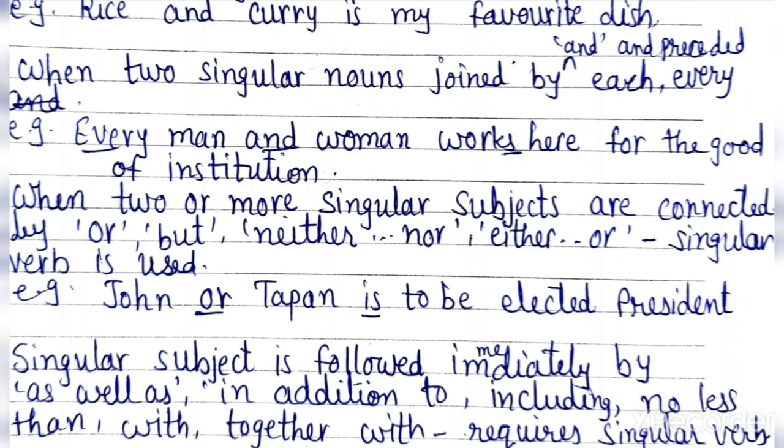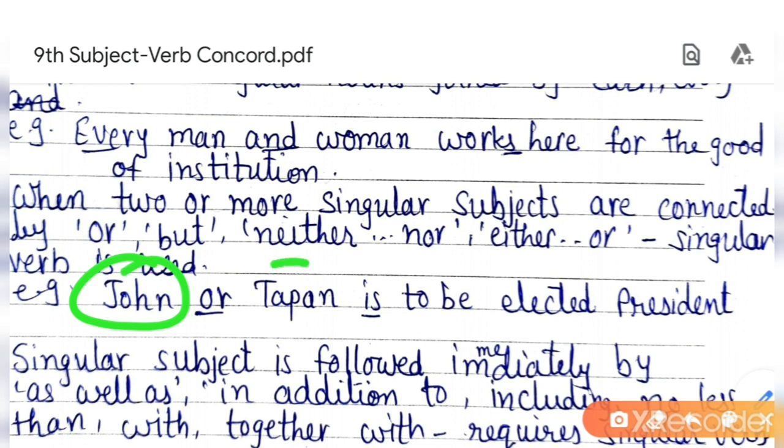Then next one is when two or more singular subjects are connected by or, but neither nor, either or, singular verb is used. See here, John and Tapan, two singular subjects are there, and they are connected with or.